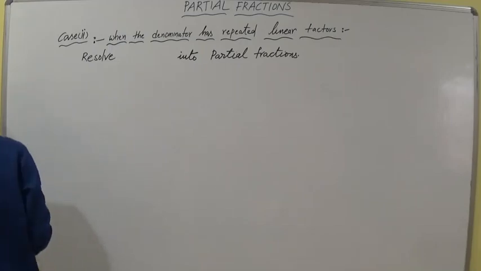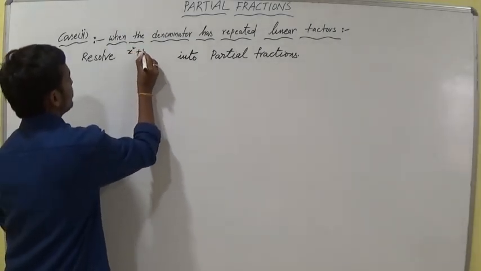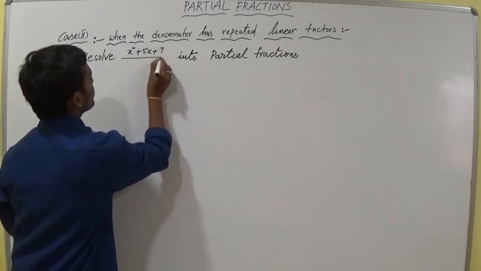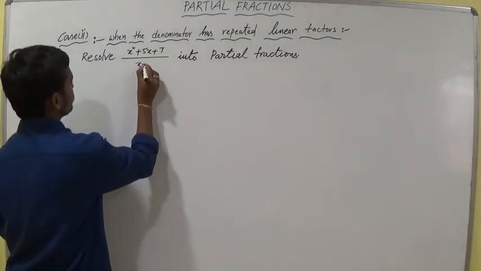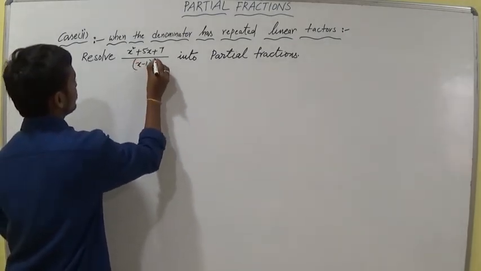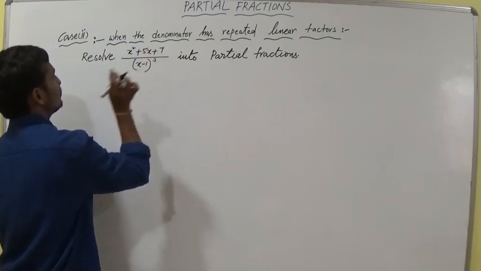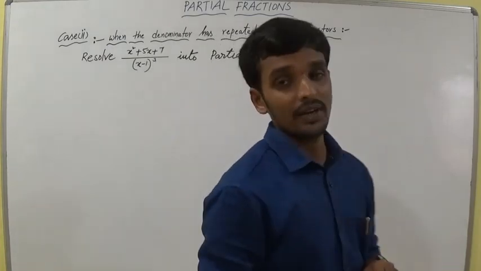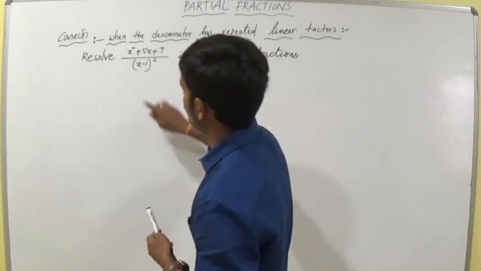The problem is x square plus 5x plus 7 by x minus 1 whole cube. Look at the problem: x square plus 5x plus 7 by x minus 1 whole cube.